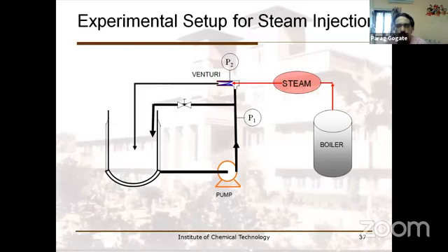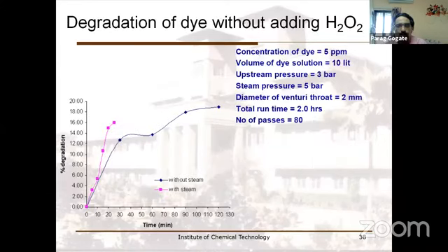So it was inserted at the venturi. In some initial experiments with steam, you are clearly seeing an increase, but it's not very significant, right? It's providing some nuclei, but it has some limitations as well. So your 10% is going up to about 16%, but definitely very little as compared to the total degradation or elimination which is expected.